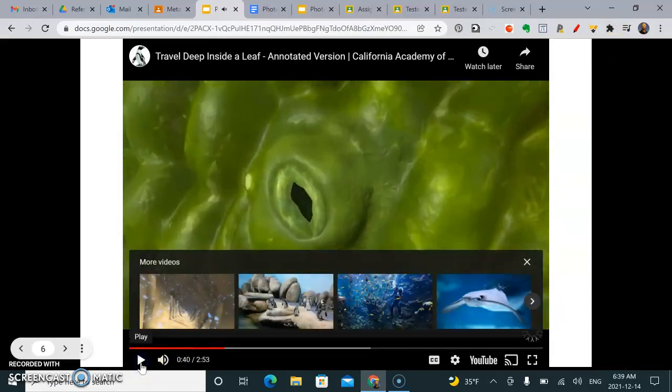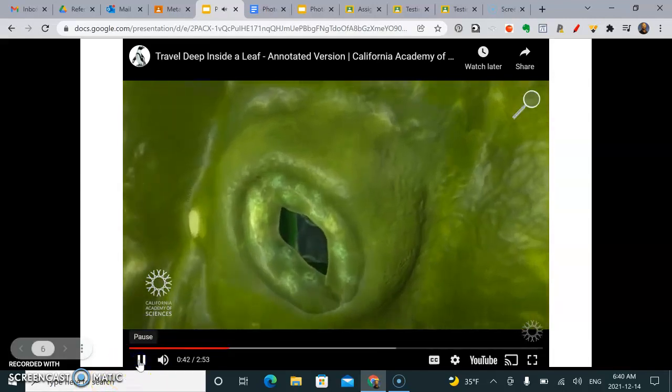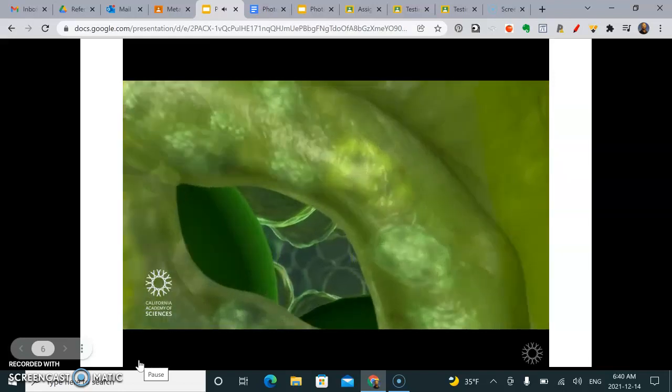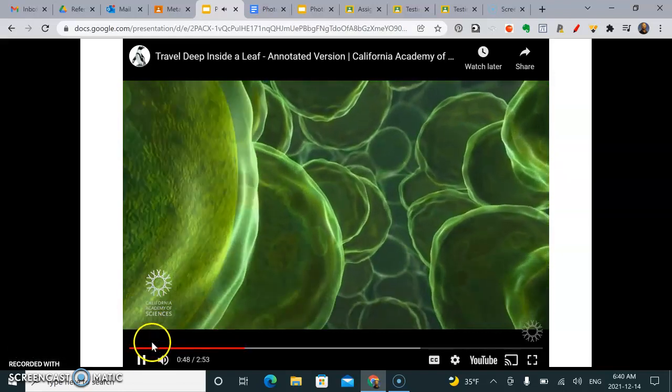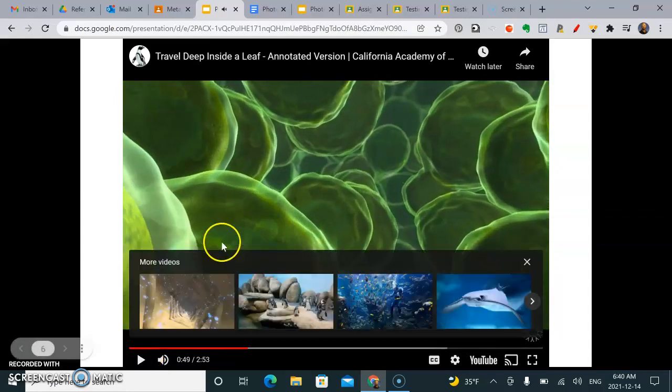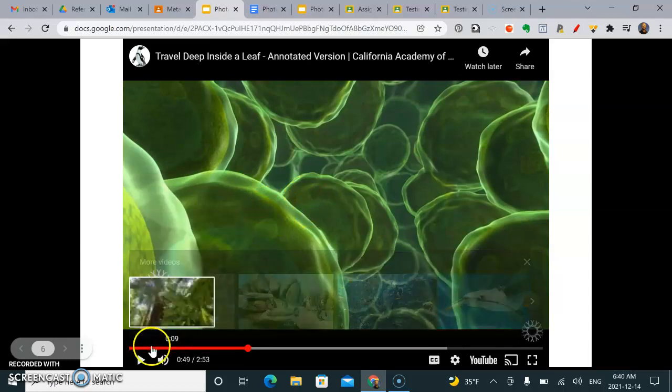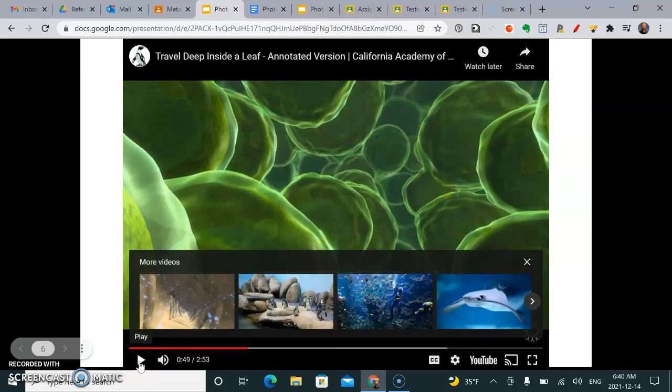So we're going into a stoma. Stomata is plural, stoma is that. So that's that opening with the guard cells right here. And those are all the cells. And we're in the spongy mesophyll layer, and these are all just individual cells. And then we're going to go inside of a cell to see the chloroplast.